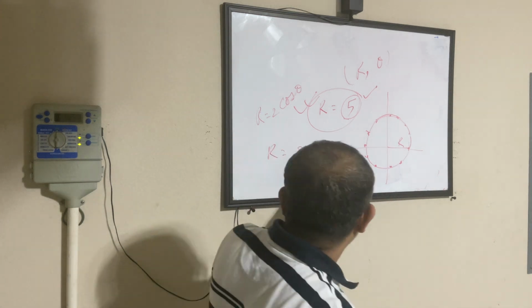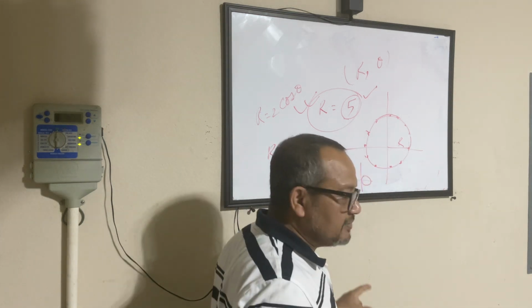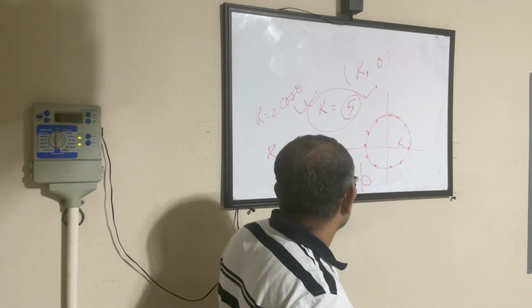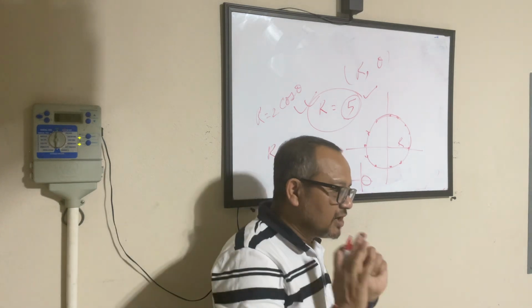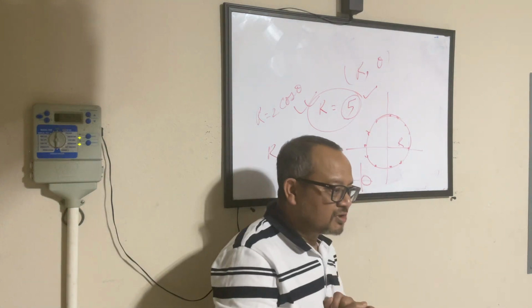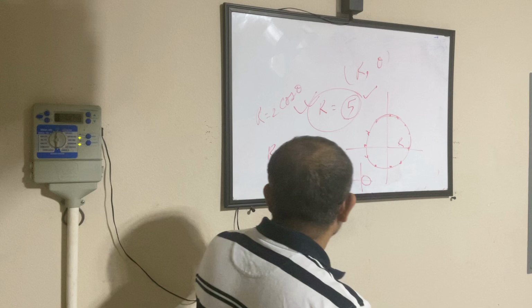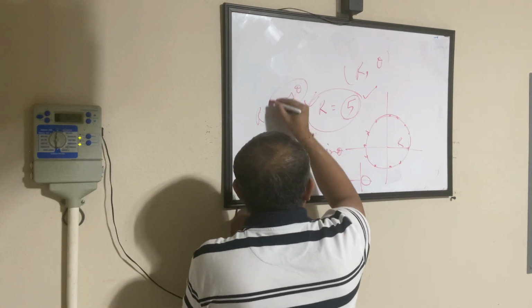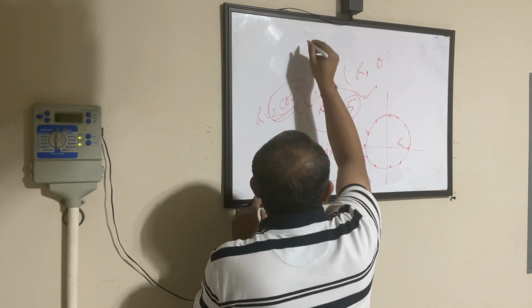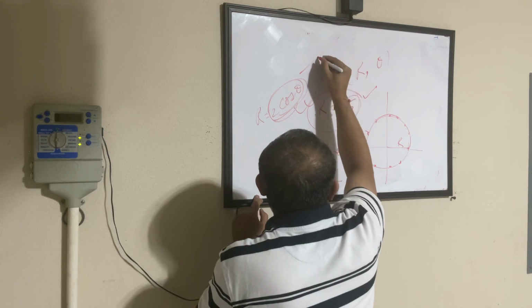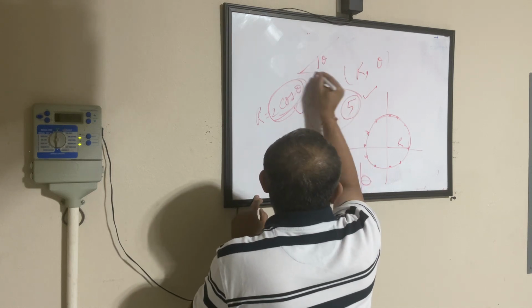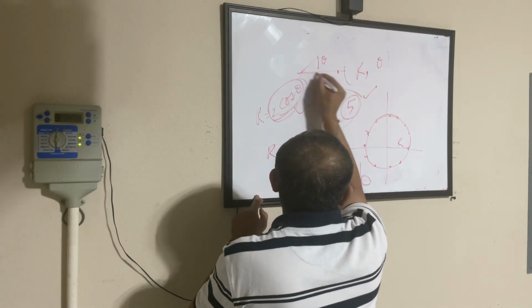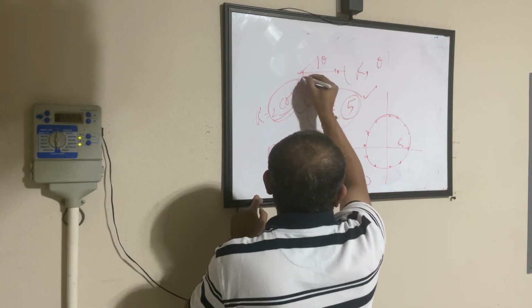Now, why am I doing all that without explaining anything to you guys? It's just to give you a jump start with respect to what we are going to learn in the next class. If I am talking about cos theta, this theta, when you're talking about cos, you're talking about the horizontal axis or x-axis.